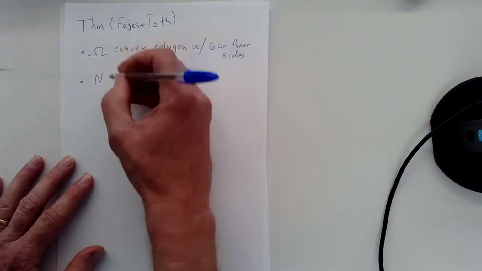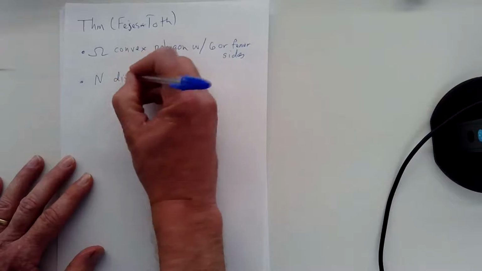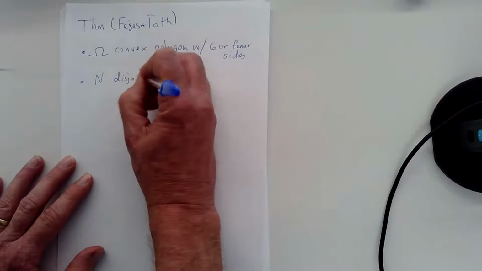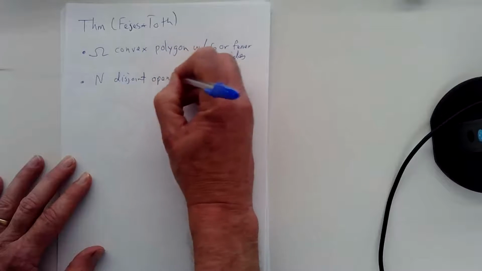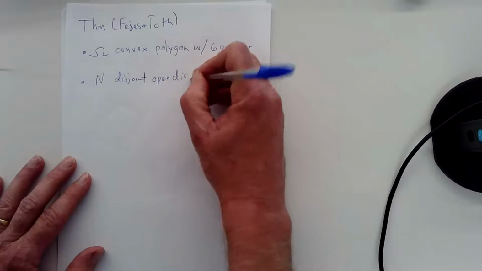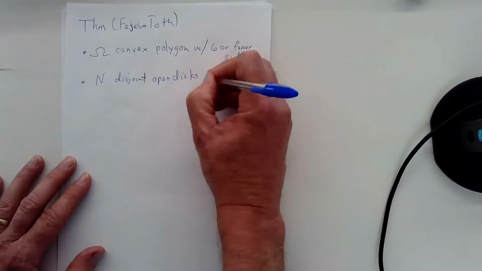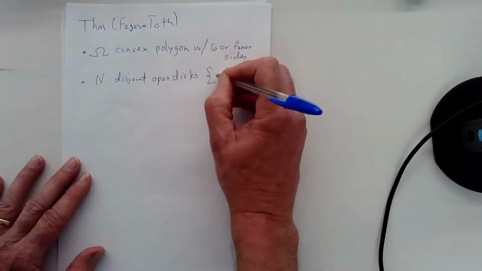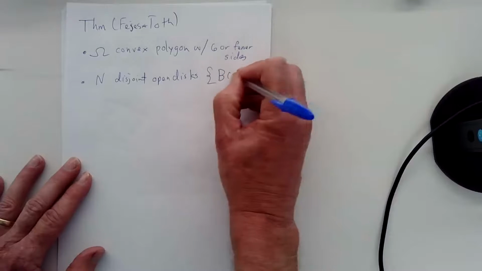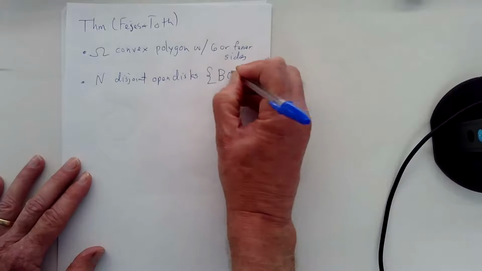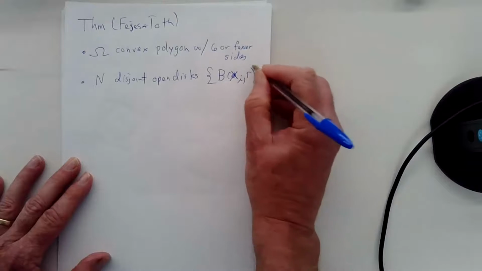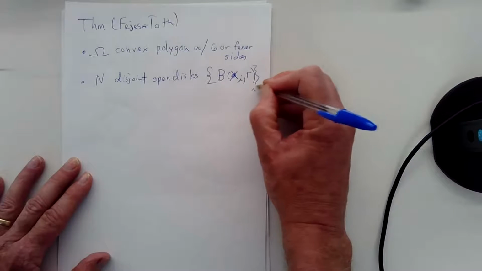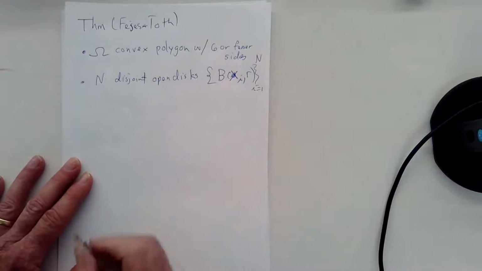We have n disjoint open balls or open disks, x_i, r, all of the same radius, i equals 1 to n.